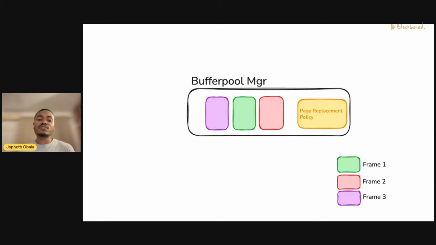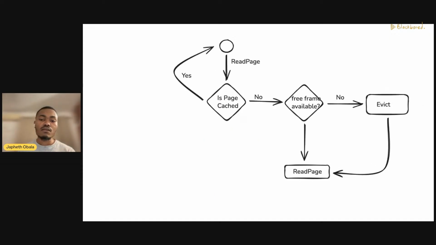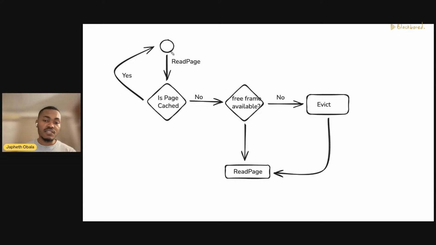And then the other component of the buffer pool manager is the page replacement policy. This is what determines what frame or what page to evict from memory. And of course, during eviction, the page has to be written to disk. So that will result in a write disk request to the disk manager. So if the buffer pool manager gets a request to read a page, it first checks, is the page already in memory, or is the page cached?